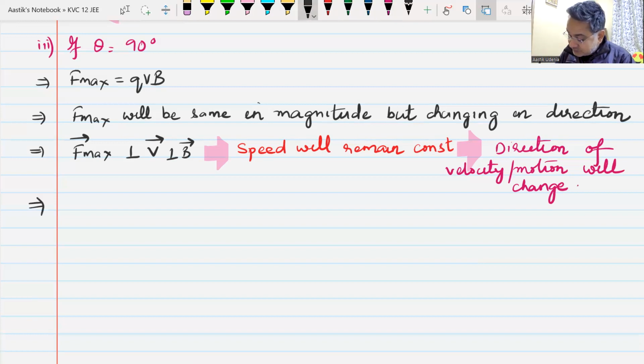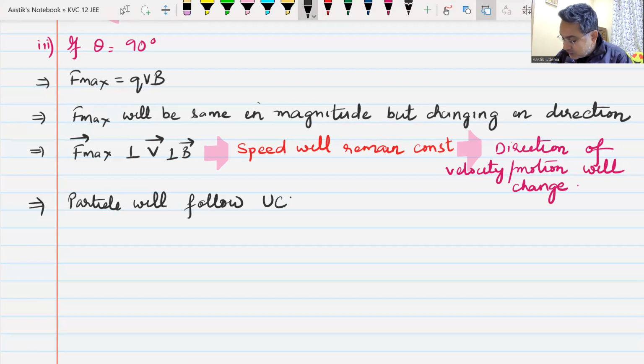This particle will follow UCM. Do we remember what this UCM is?